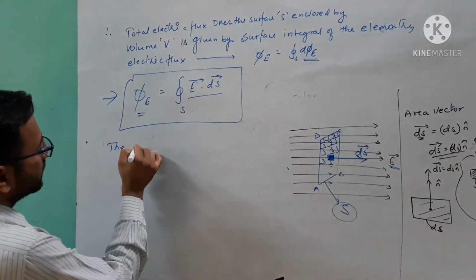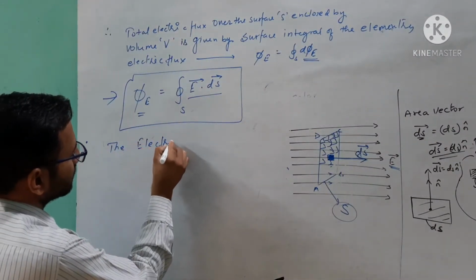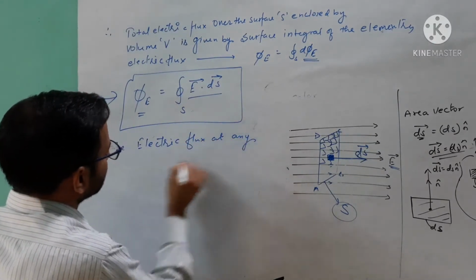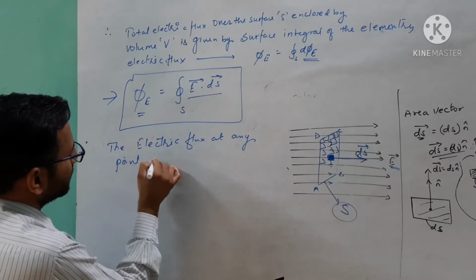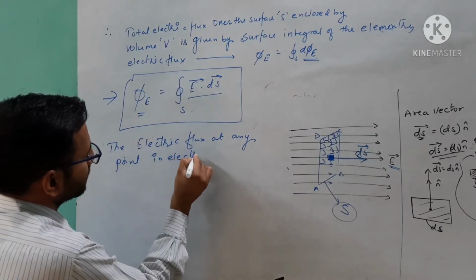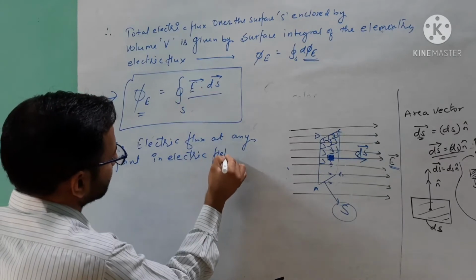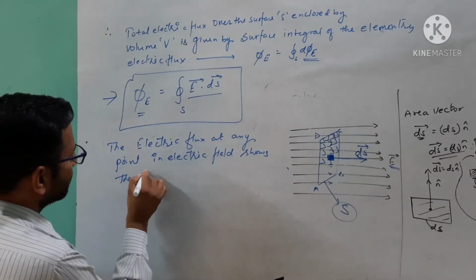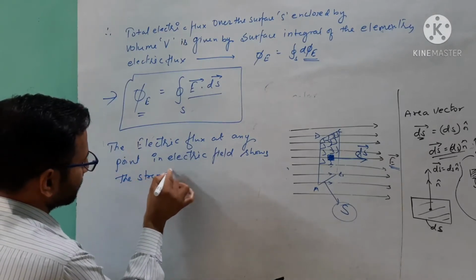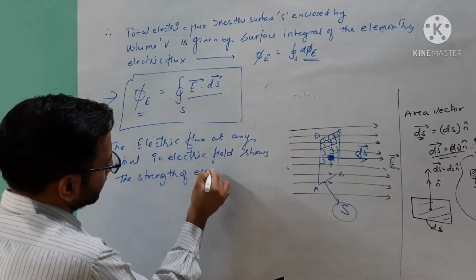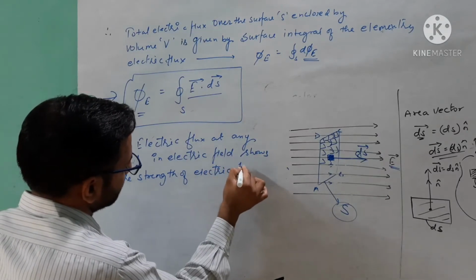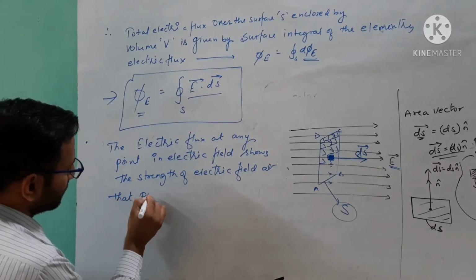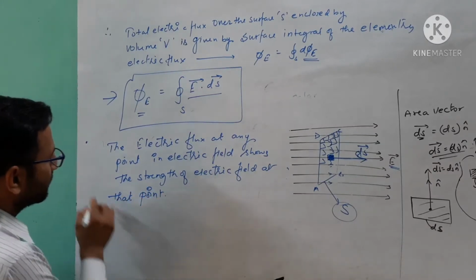So kindly note this point: the electric flux at any point in an electric field shows the strength of the electric field at that point. Got it? First point.